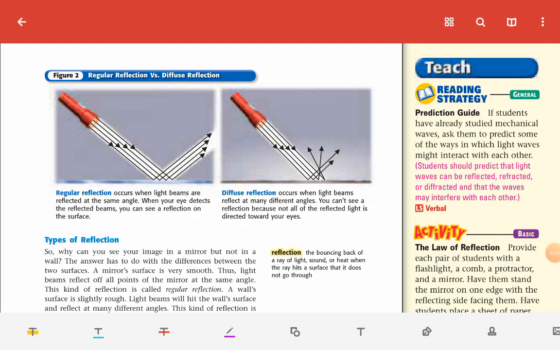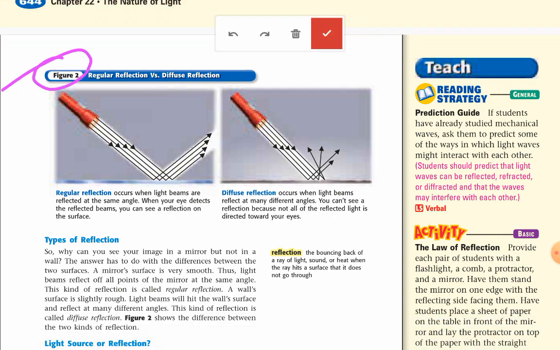To know more about the difference between regular reflection and diffuse reflection, go to page 645, figure 2. I have here regular and diffuse. A regular reflection occurs when light beams are reflected at the same angle. Here the normal, theta 1 equals theta 2, so I have a regular reflection.